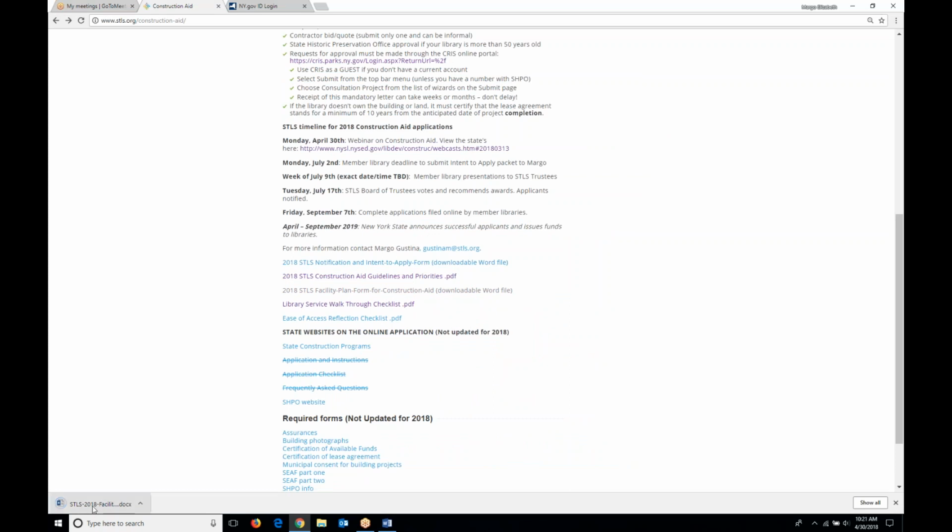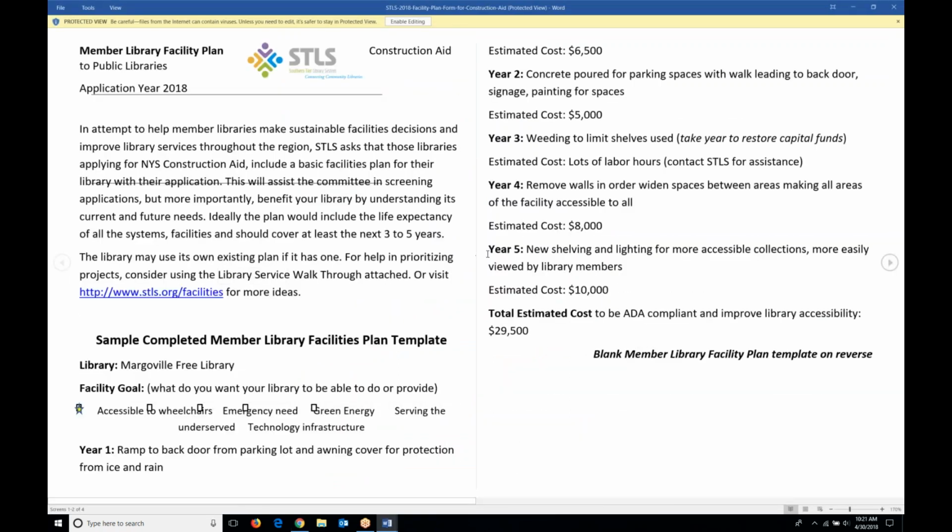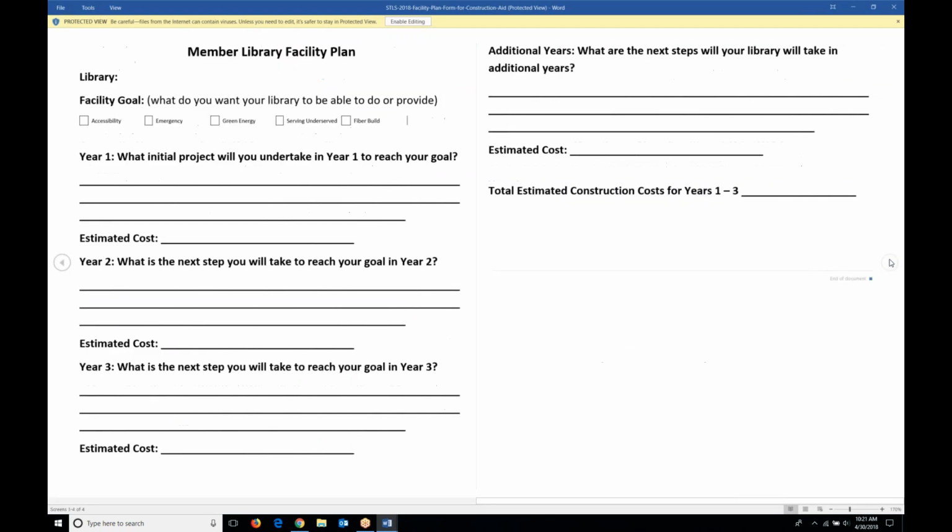You are required to do a facilities plan. It does not have to be particularly formal. It can just be, what are your facilities goals? And not all of these years' goals have to be permanent construction.